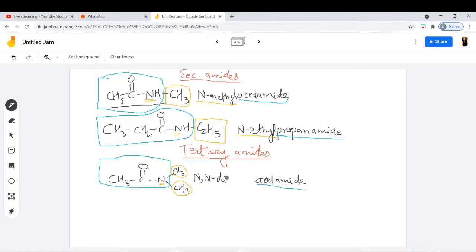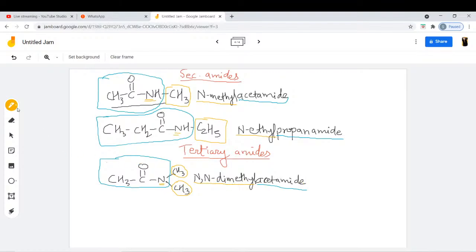Dimethyl, 2 methyl. So N,N-dimethyl acetamide. So for these two, N,N-dimethyl.